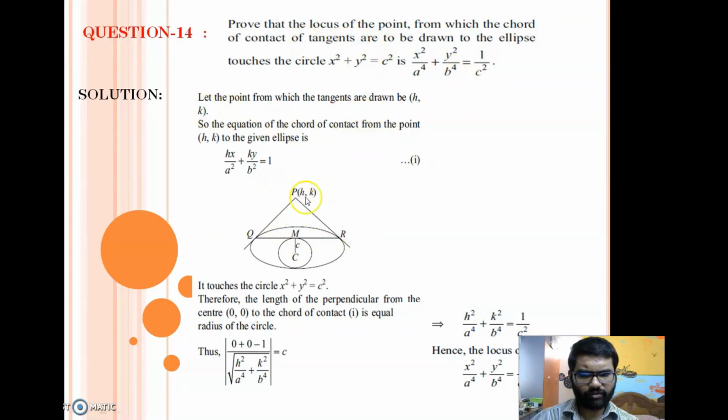The tangents drawn from this point, the equation of the chord of contact, is h x by a square plus k y by b square is equal to 1. The circle is x square plus y square is equal to c square. Therefore, it is a tangent to the circle, so the perpendicular distance is equal to the radius. You apply that, then we'll get the locus of the required point.